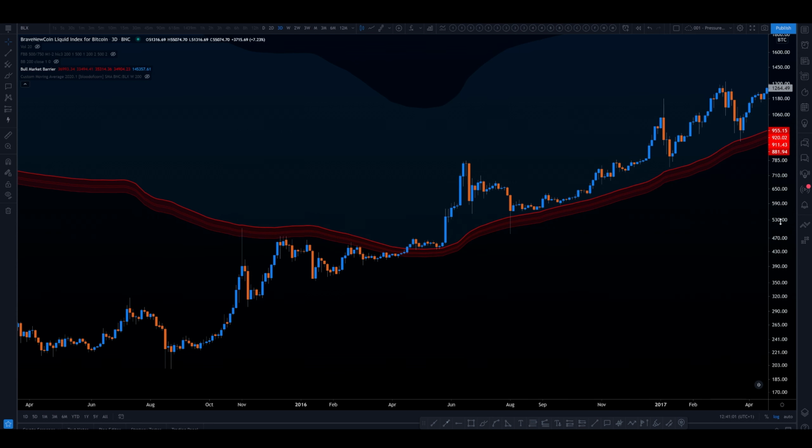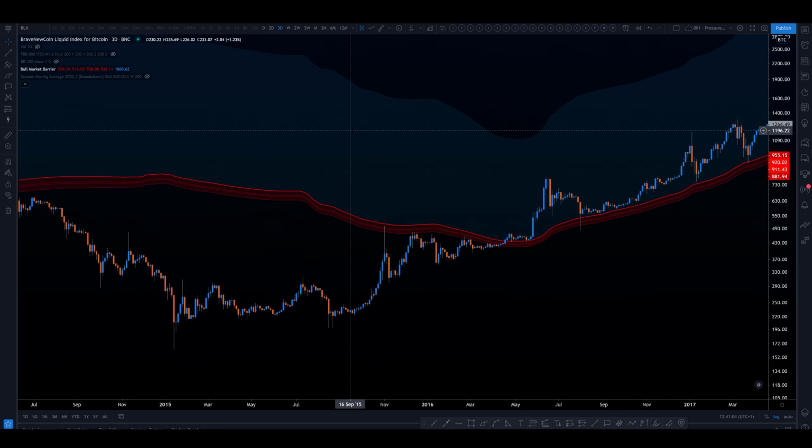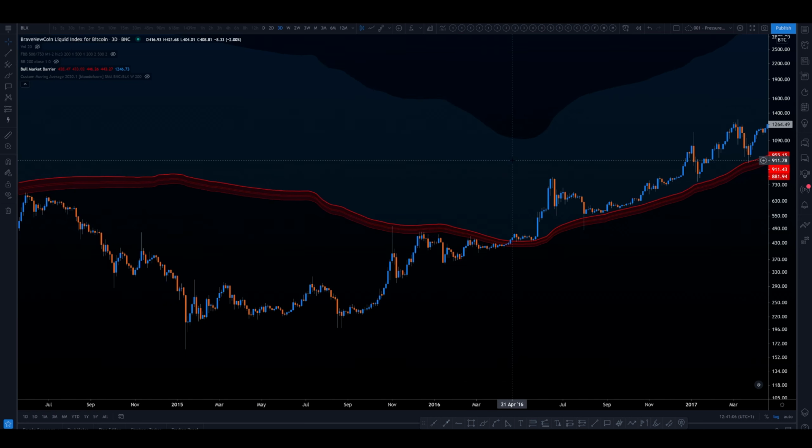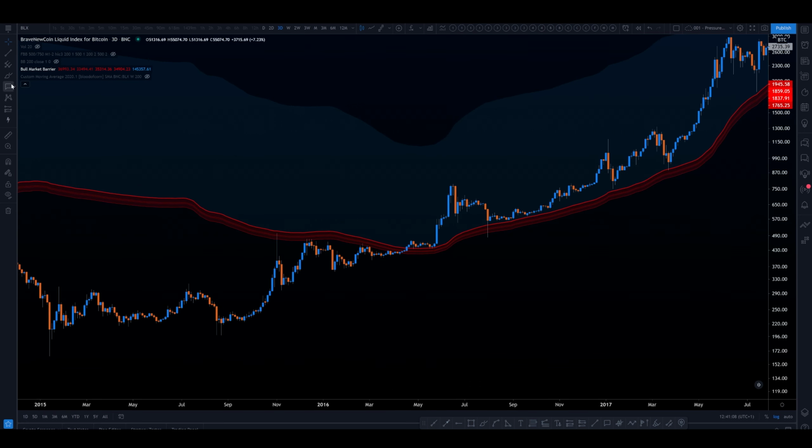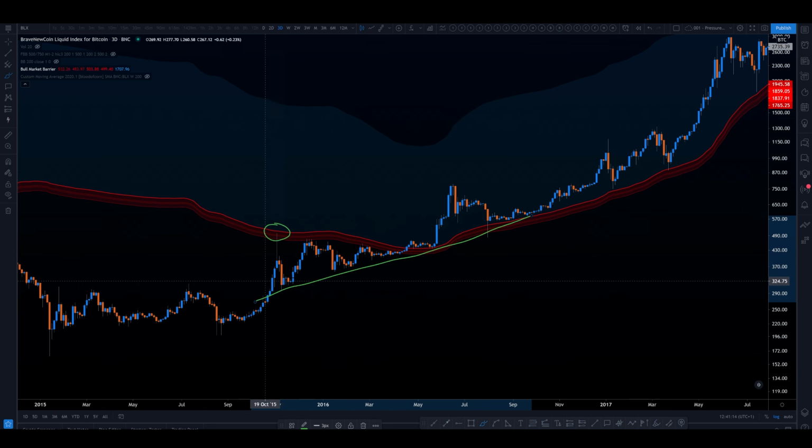2016 when we came out of the bear market in 2015. You can see that the bull market barrier got hit, and here we had some kind of pressure zone forming. Price came in, entered this very narrow trading range over here, and it ultimately broke above this, but it didn't break out yet.